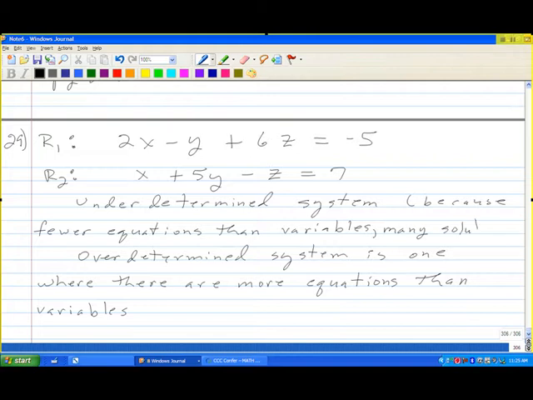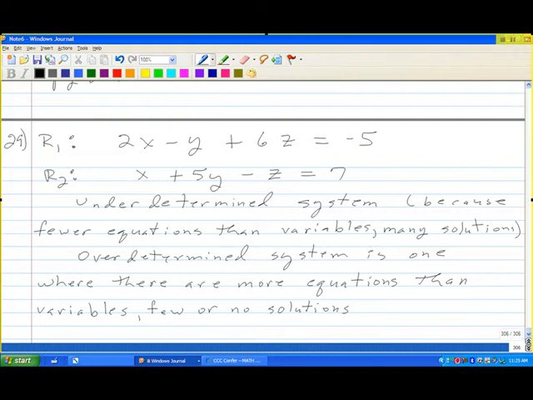Usually, not always. And for overdetermined systems, usually we have few or no solutions. Of course, this is not always true, but more or less true.